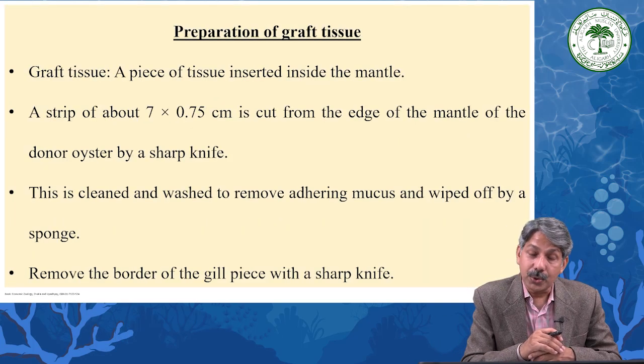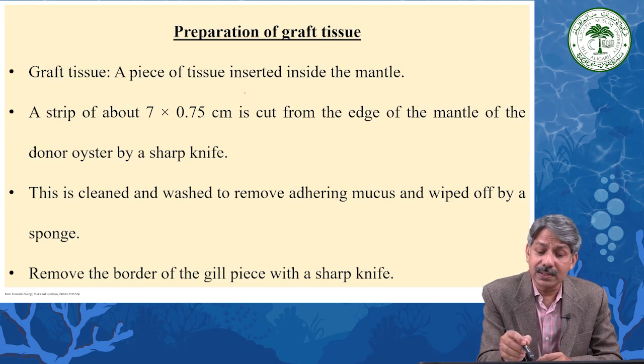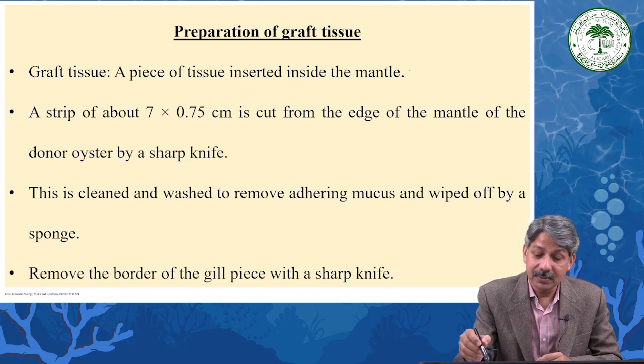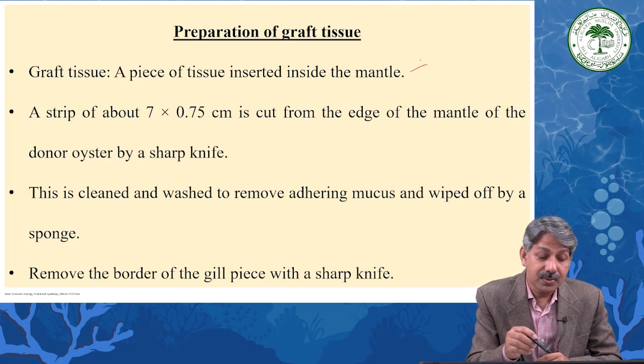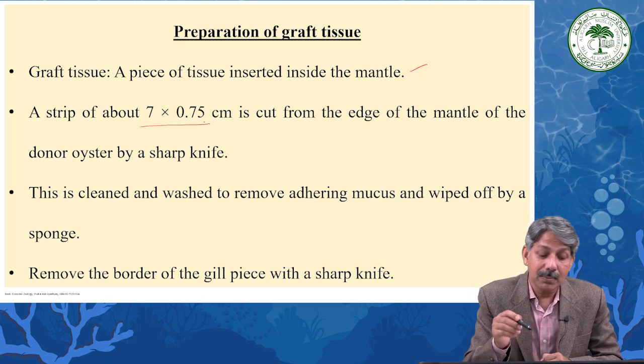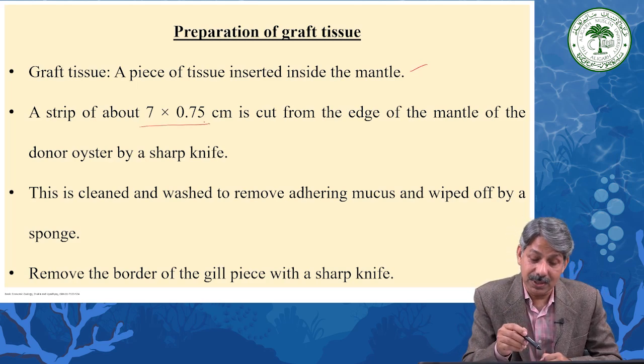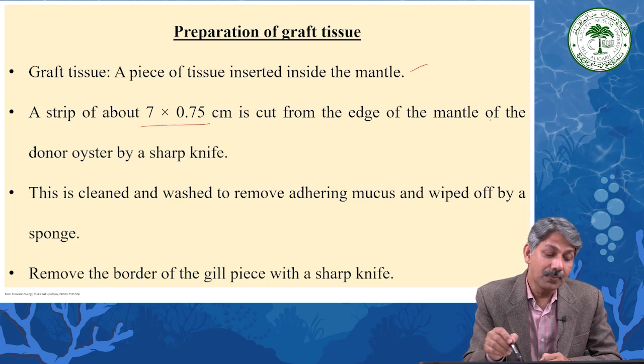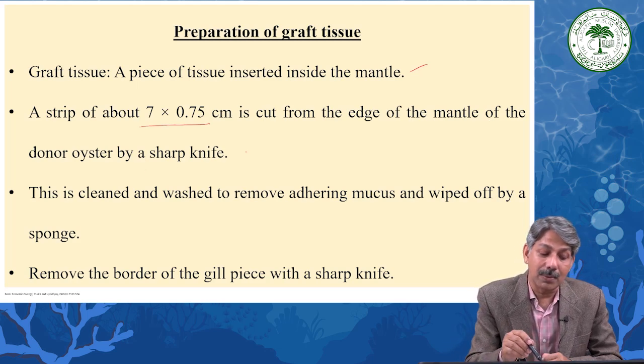Preparation of graft tissue. How do we prepare the graft tissue? A piece of tissue is inserted inside the mantle. A strip of about 7 by 0.75 centimeter is cut from the edge of the mantle of the donor oyster with a sharp knife.